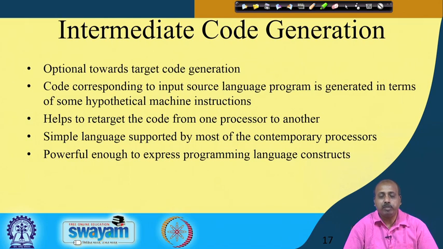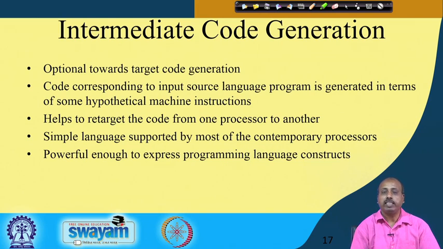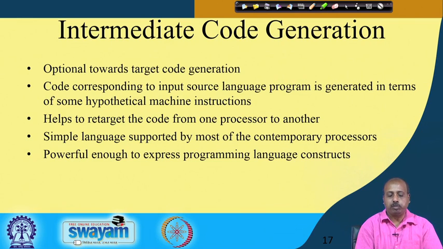For each intermediary language statement you can have a template in terms of the target language code, and then you can just do this template substitution to get the target language program. So retargeting the compiler from one processor to another becomes very easy.